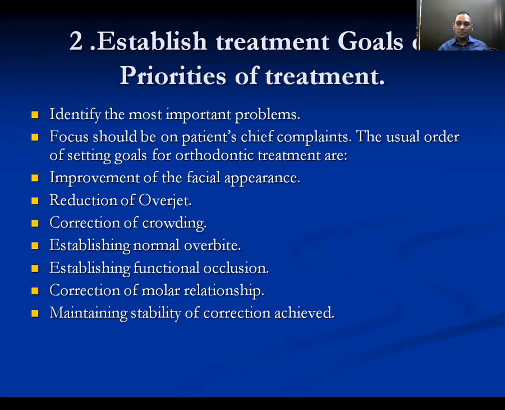Whenever we make a treatment plan, it should focus on the patient's main chief complaint. Then improving the facial appearance, reducing the overjet, correction of crowding, establishing normal overbite, establishing functional occlusion, correction of molar relation, and maintaining stability of the corrected malocclusion.